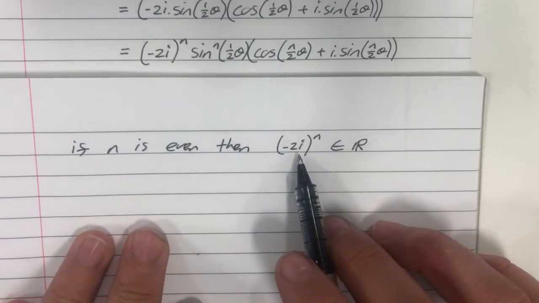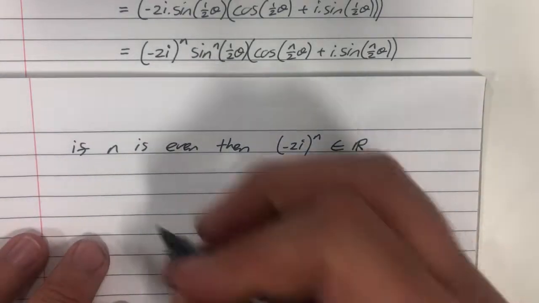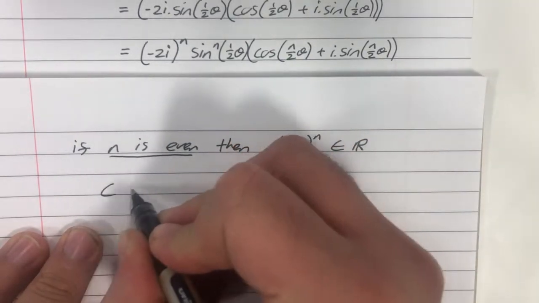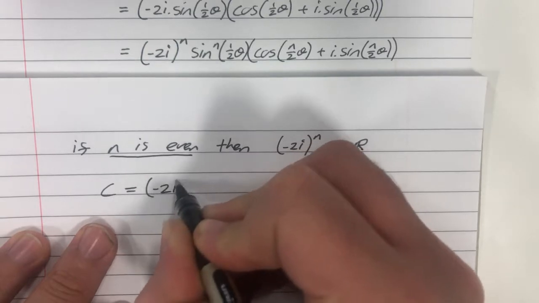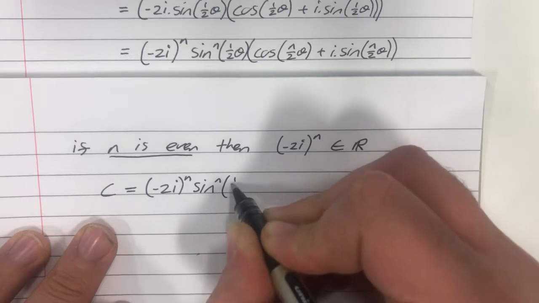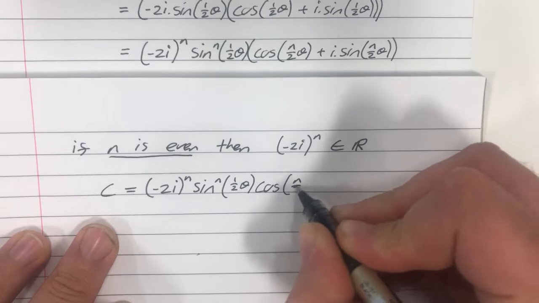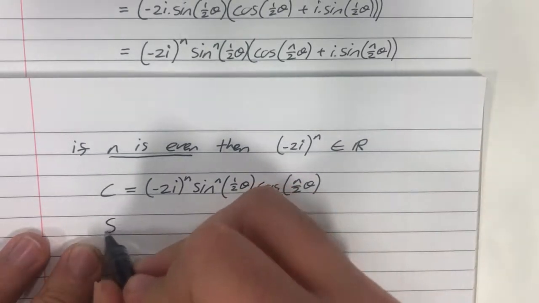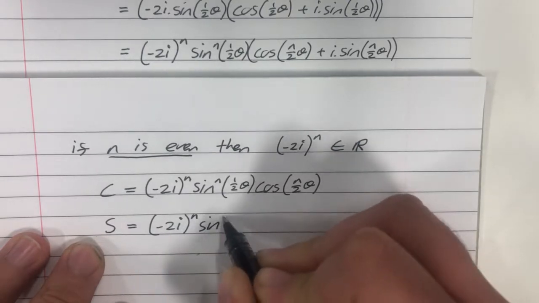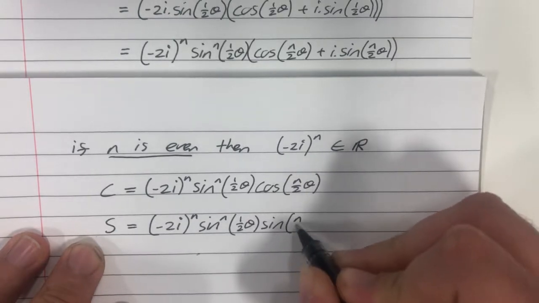And that's important, because when I want to extract the real and imaginary parts of this, I need to consider which parts are real and which parts are imaginary. So if n is even, then I get C is equal to minus 2i to the n sine to the n of a half theta times cos of n on 2 theta. And S is going to be the imaginary part, which is minus 2i to the n sine to the n of a half theta times sine of n on 2 theta.